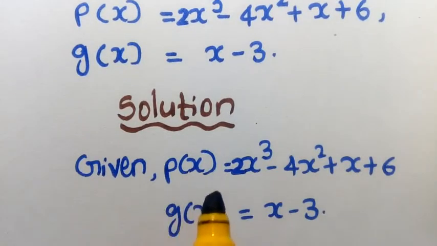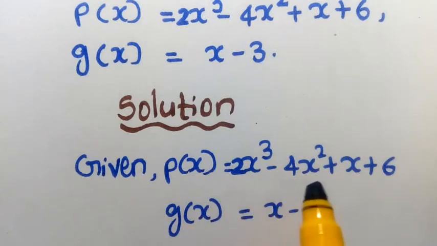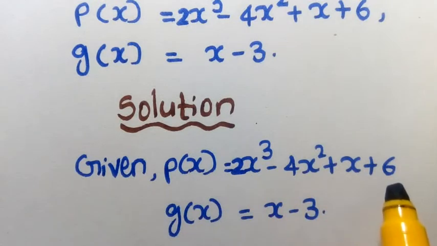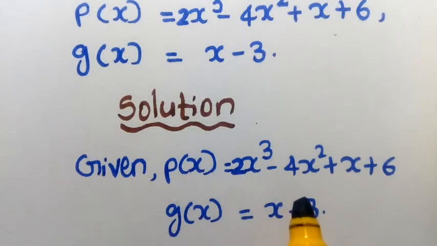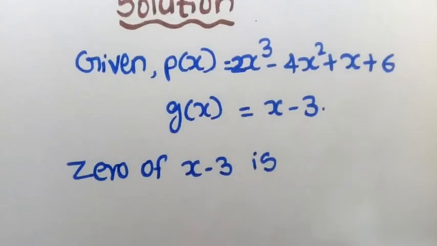Given p of x is equal to 2x cube minus 4x square plus x plus 6 and g of x is equal to x minus 3. We need to check g of x is a factor or not. So we need the value of x, that is the zero of x minus 3. The zero of x minus 3 is 3.